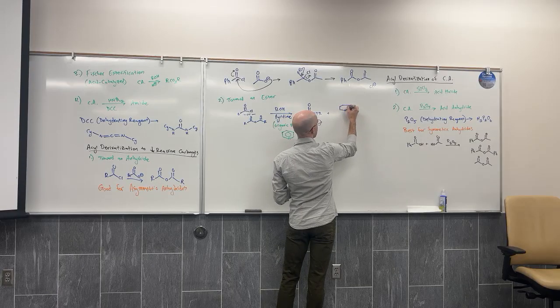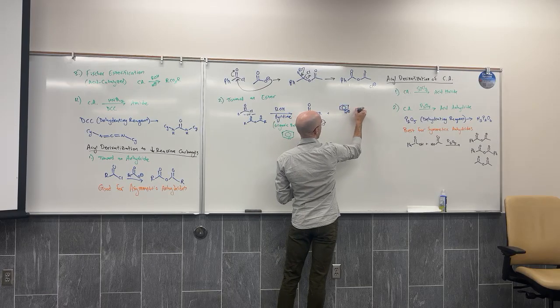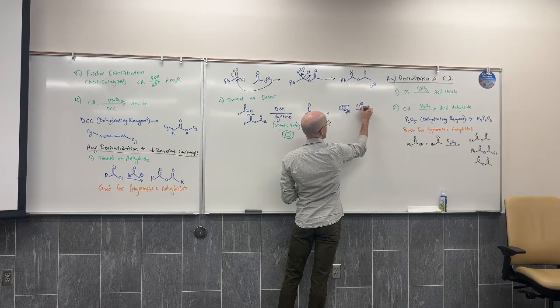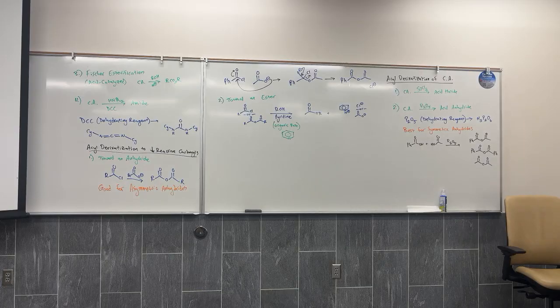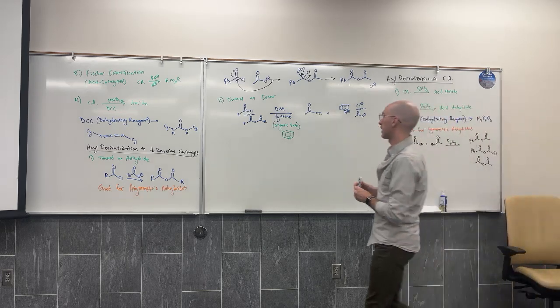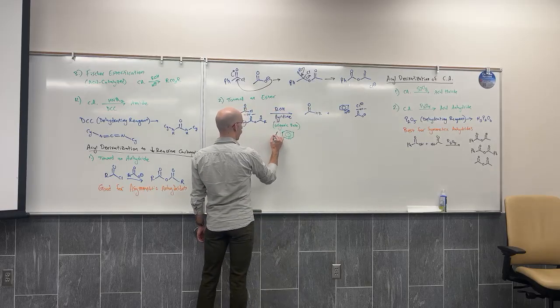Because pyridine acts as the base, what we're left with is pyridinium. We're either left with pyridinium chloride or pyridinium carboxylate, but pyridine is acting as the conjugate base there. So let me demonstrate not the entire mechanism, but just the role that it plays.